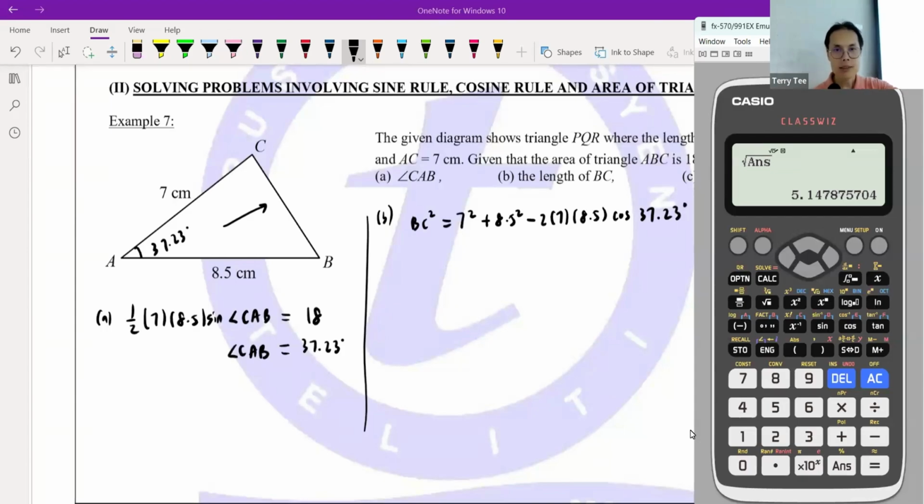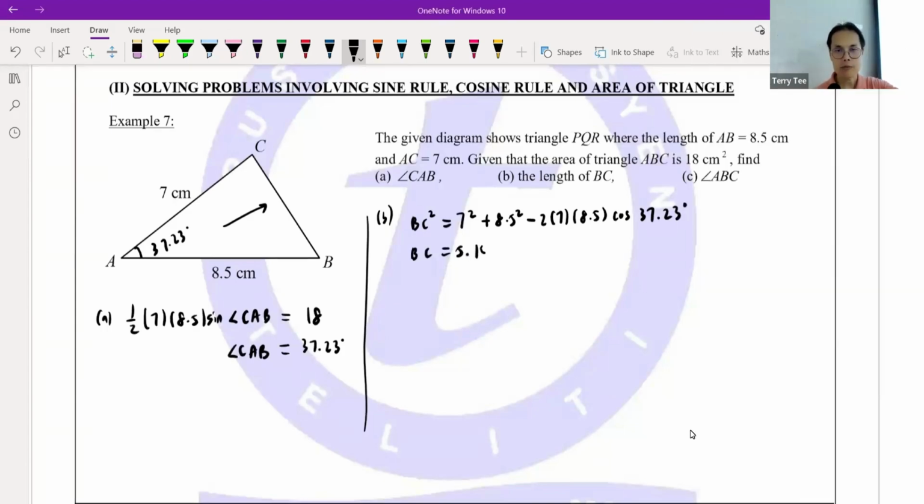BC is 5.148. Finally, I want to find angle ABC. ABC is this angle. As long as you have an angle opposite a length, with one unknown, we can use the sine rule.